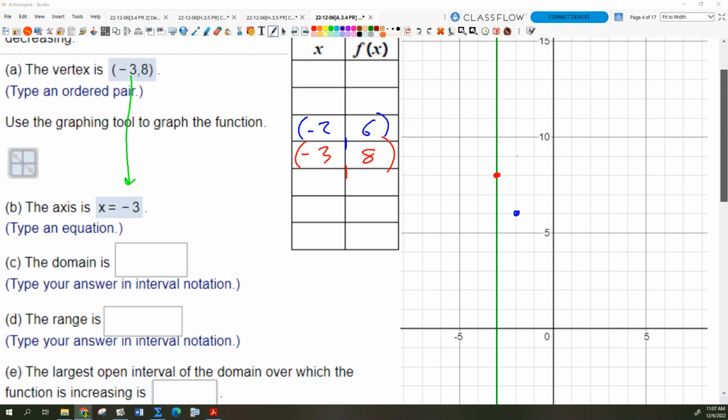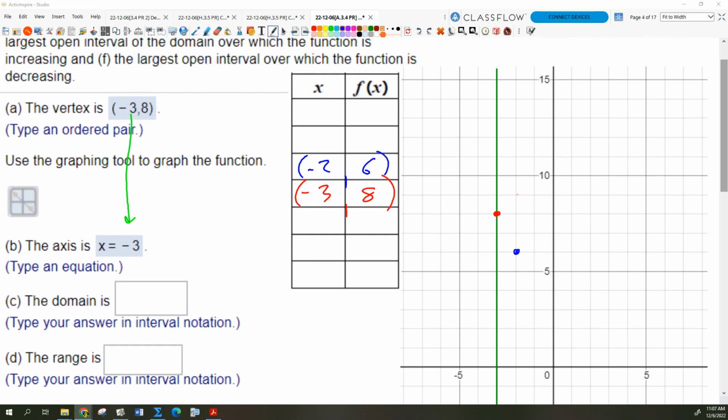What if I use the vertical dilation factor? That's what I prefer. That means we're going to multiply the parent height by a. Well, you've already told me if I go over 1, I go up 1. That would be the parent height of the function, right? If I were going to create my parent graph, that's what it would look like.